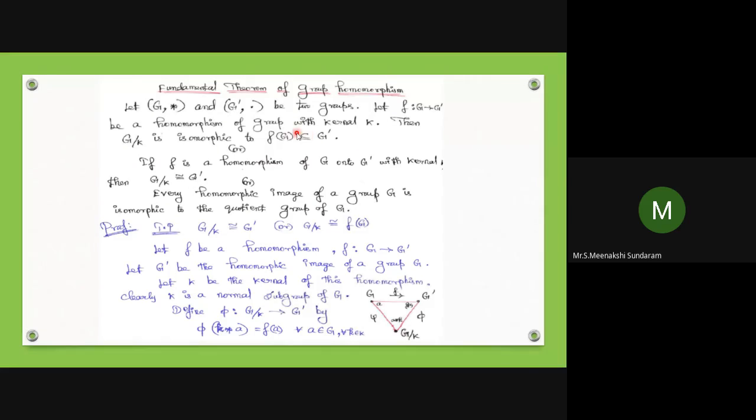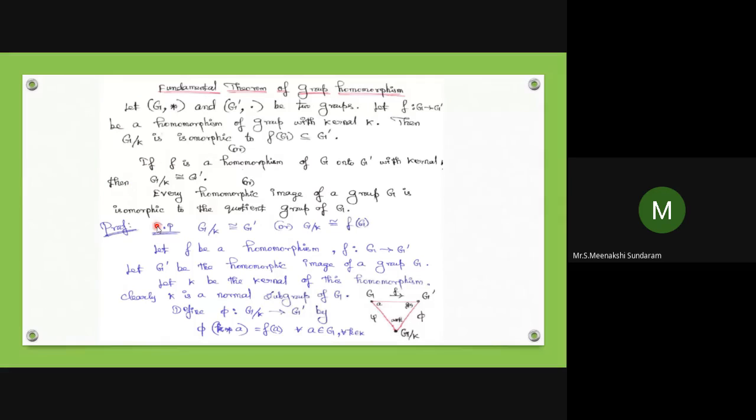Either you can write it this way, or simply we can write: if F is a homomorphism of G onto G dash with the kernel K, then G over K is isomorphic to G dash. The symbol is isomorphic. Or another way they can write: every homomorphic image of a group G is isomorphic to the quotient group of G. So if they ask these three ways, sometimes they say state and prove the fundamental theorem of homomorphism. You can choose one of these as the statement of your theorem. The second one is the easy one: if F is a homomorphism of G onto G dash with the kernel K, then G over K is isomorphic to G dash. Or simply you can write it in a sentence: is isomorphic to G dash.